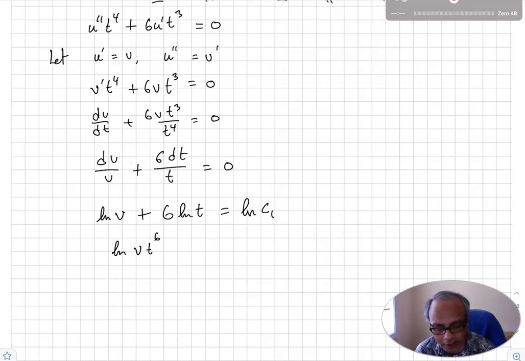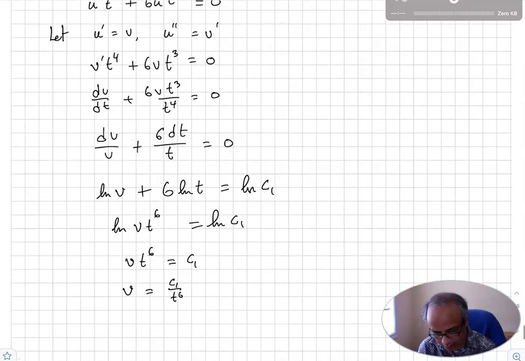Multiplication goes to the power, and then addition becomes a multiplication in ln. So ln of c1. Okay. So then you have v t to the power 6 equals c1, or v equals c1 by t to the power 6.